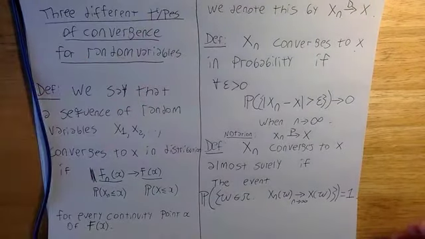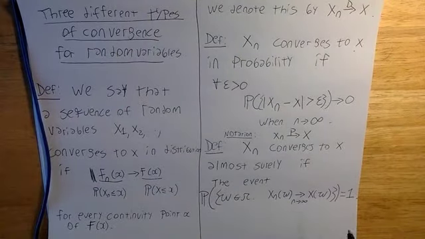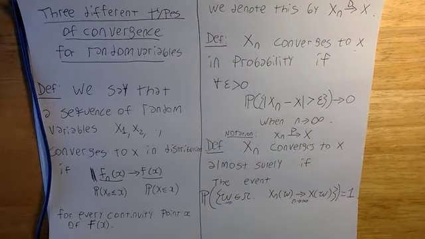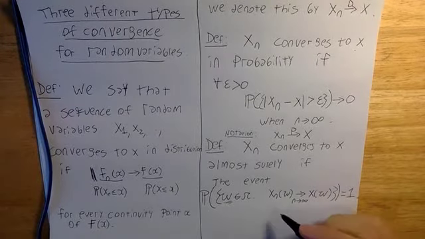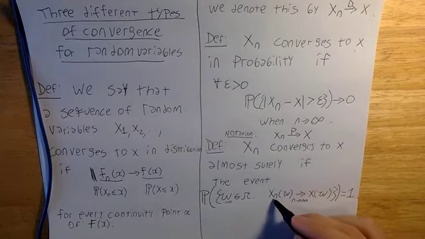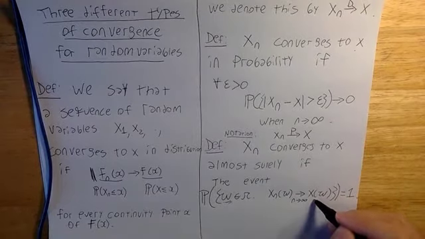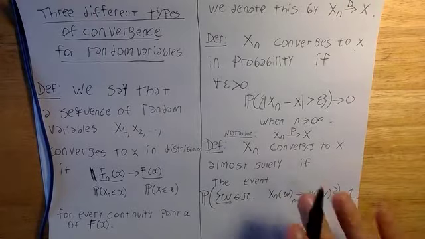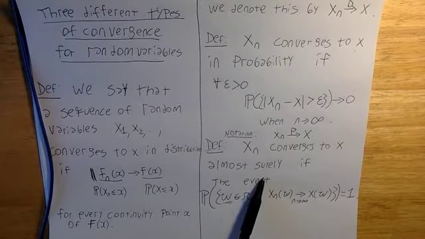So almost sure convergence says that up to some values of omega that we can actually discard, we have pointwise convergence of the value of xn to x.